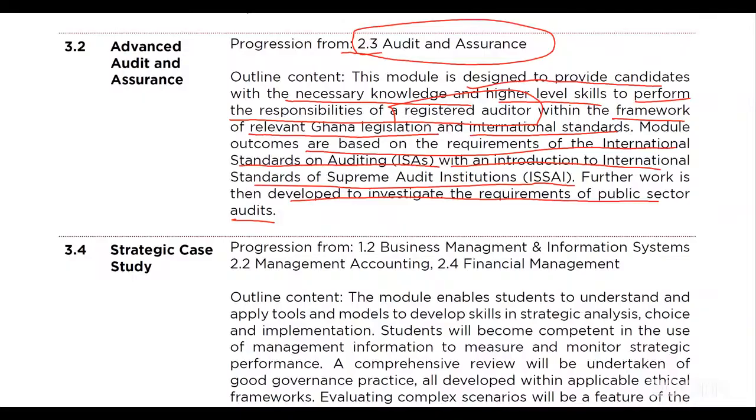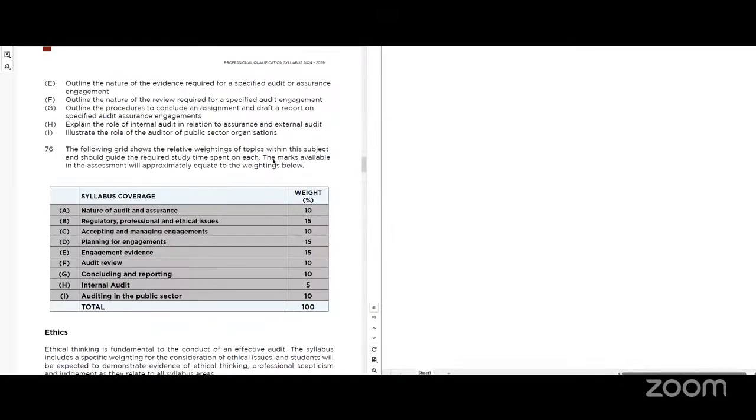So I'm heading to advanced audit and assurance. Now, I believe you can all see my screen.